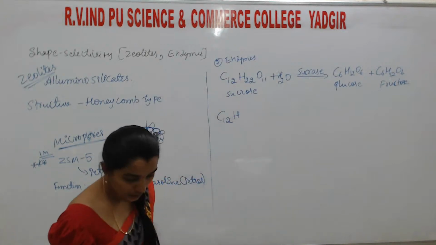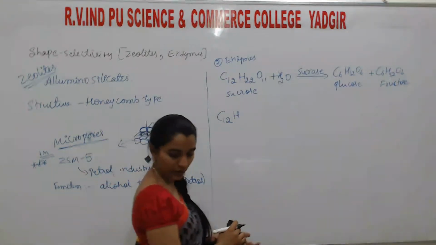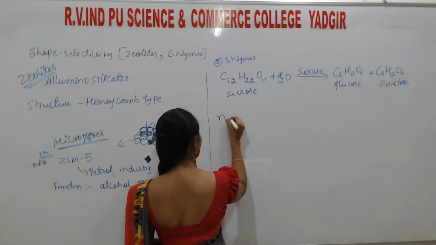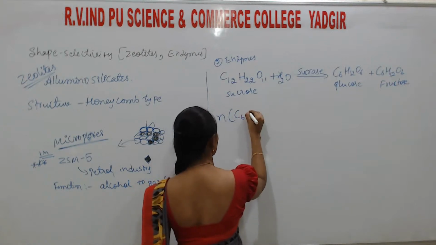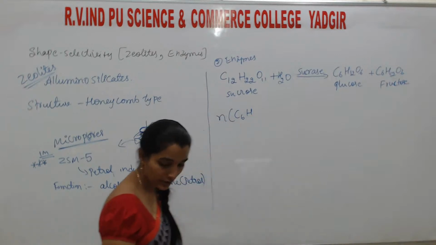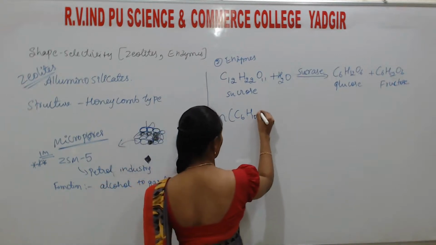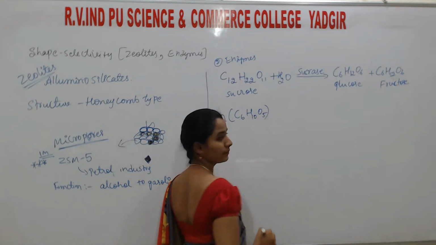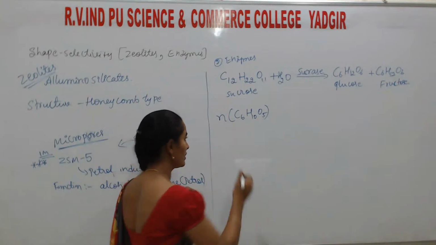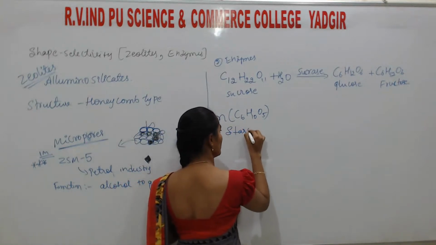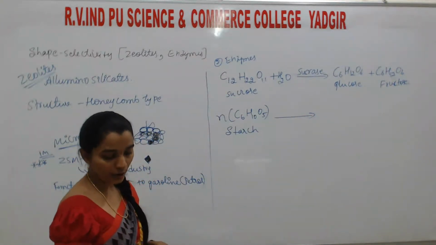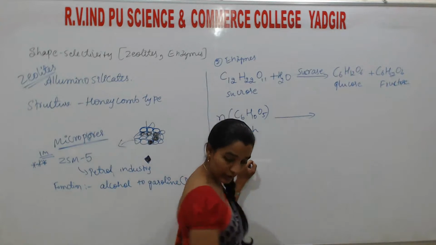Next, similarly, maltose. For maltose, you take starch, n times C6H10O5. This is starch. To break this starch into maltose, we have diastase.